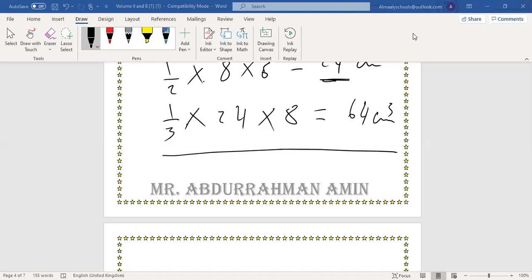The last shape, shape number 4. Who can solve it? It's easier than number 3. How to find the volume of pyramid number 4? Al-Jazi?